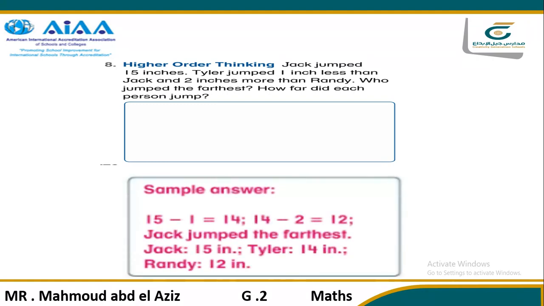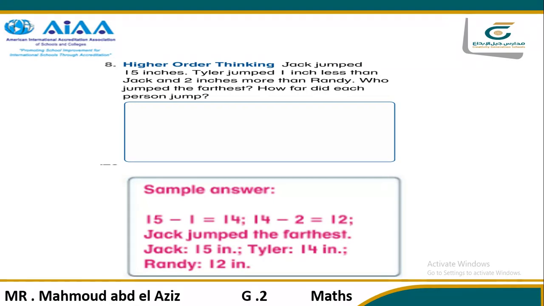Our answer would be the first one here. Taylor is 1 inch less than Jack, and less than here means subtract. So it's 15 minus 1 equals 14. So Taylor is 14 inches. And Jack 15 inches. What about Randy?